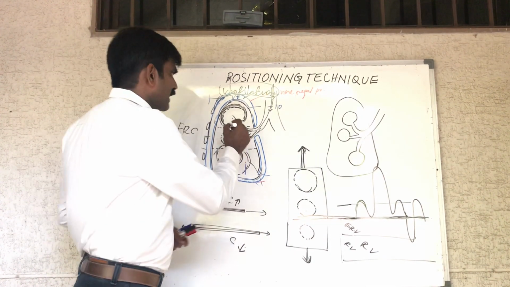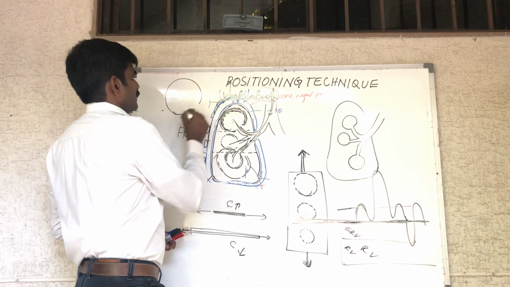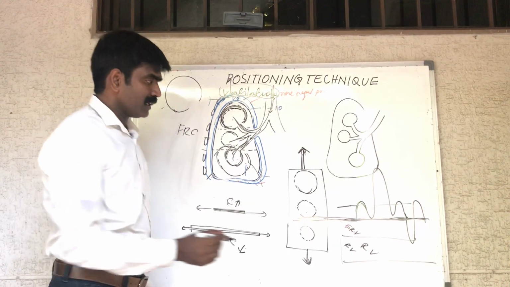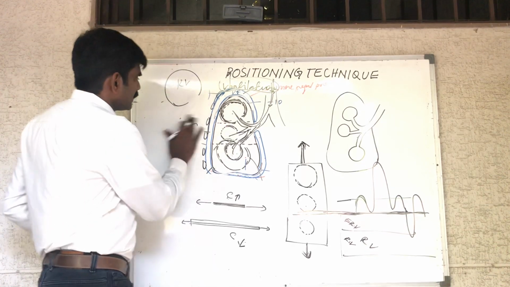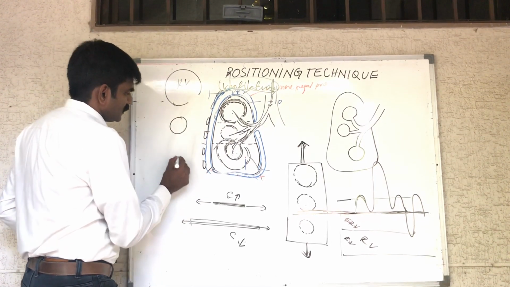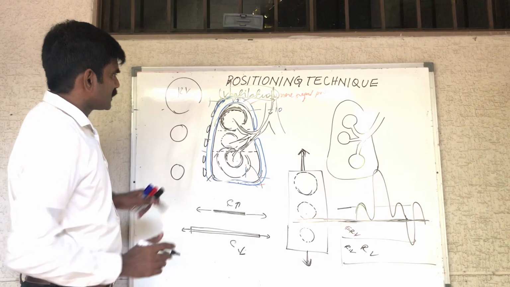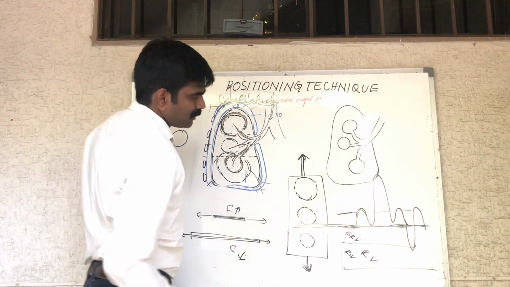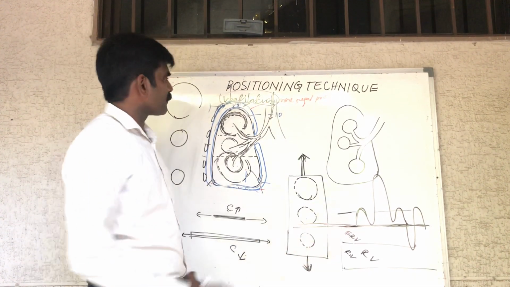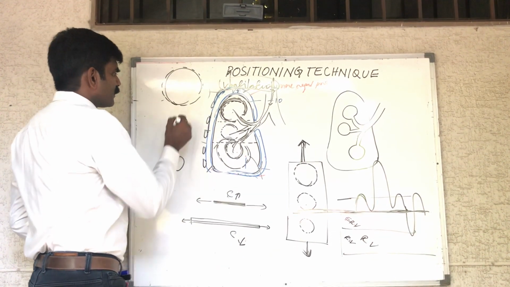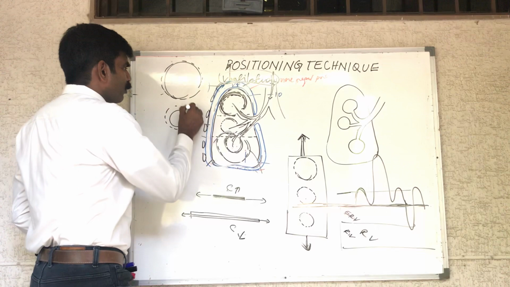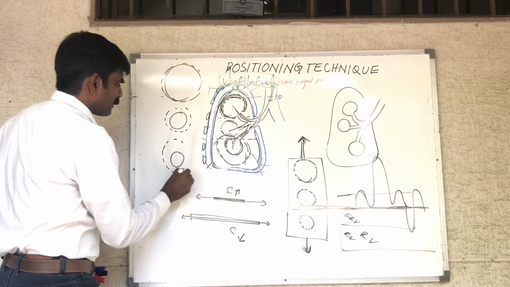Clear? Size of the alveoli, if it is large, then residual volume will be large. Imagine these are the three alveoli at the resting or FRC level. When you take inspiration, this alveolus will expand a little, this one will expand a little more, and this one will expand very much.